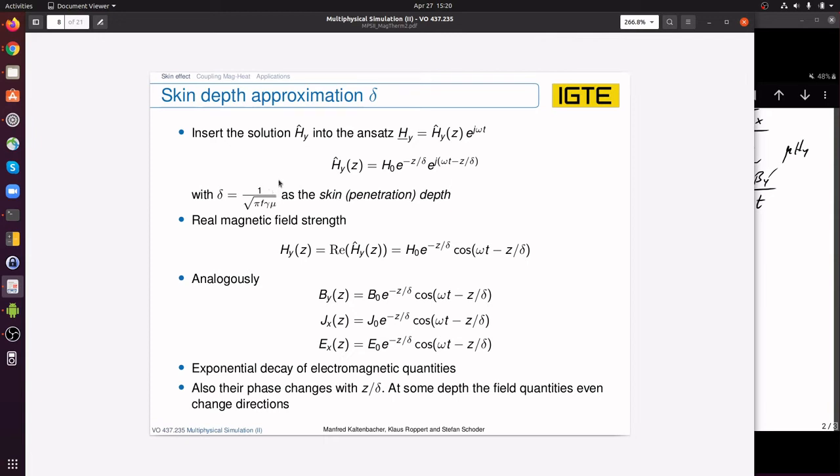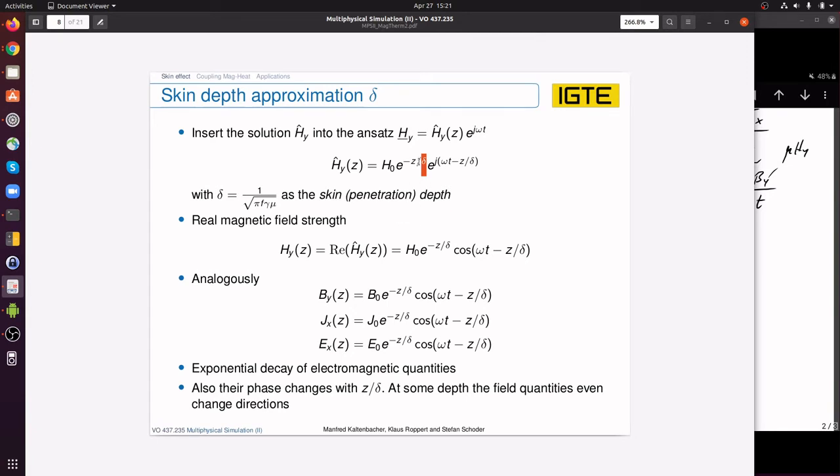This parameter is called delta. So the solution is the initial solution at z equals 0 times e to the power of minus z over this parameter delta. And this delta parameter is what we identify or define as the skin depth, the penetration depth.